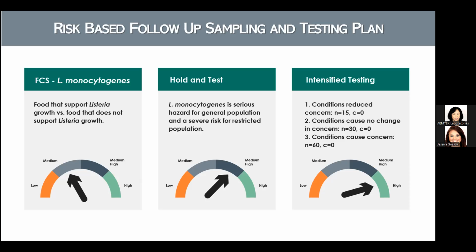If the condition prior to consumption could result in an increase in the number of Listeria monocytogenes, for example, the food will be held under a condition in which Listeria monocytogenes can grow, like ambient or refrigerated condition, then you want to consider the sampling plan to be n equals 60.